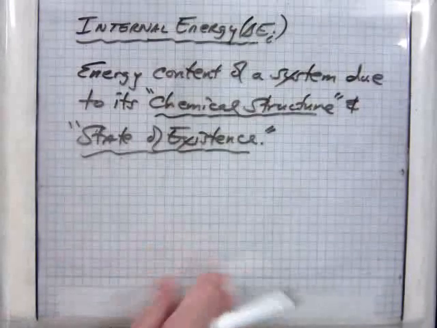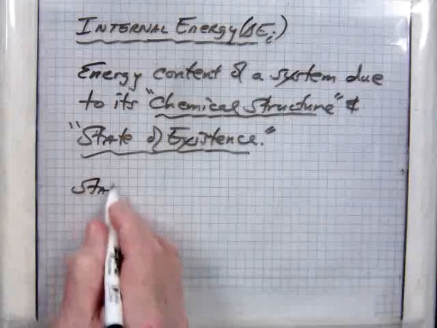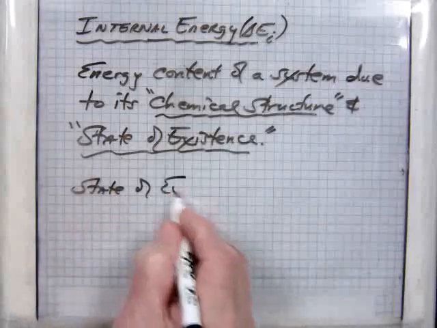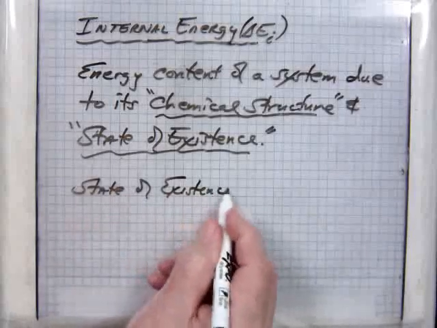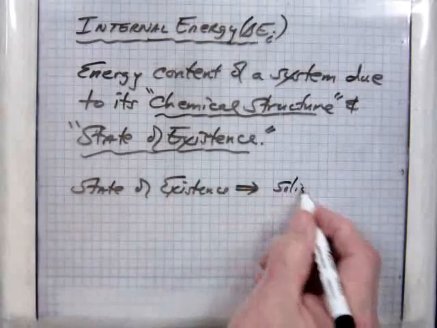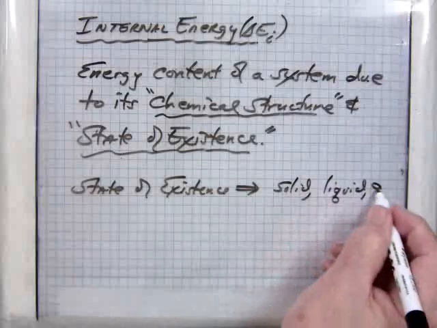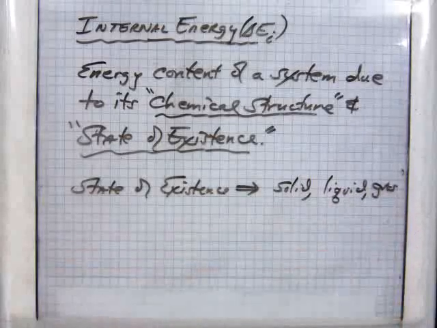To illustrate this, let's talk about state of existence. Of course, that is referring to solid, liquid, or gas state. That's the common question: what's the state of existence, solid, liquid, or gas?